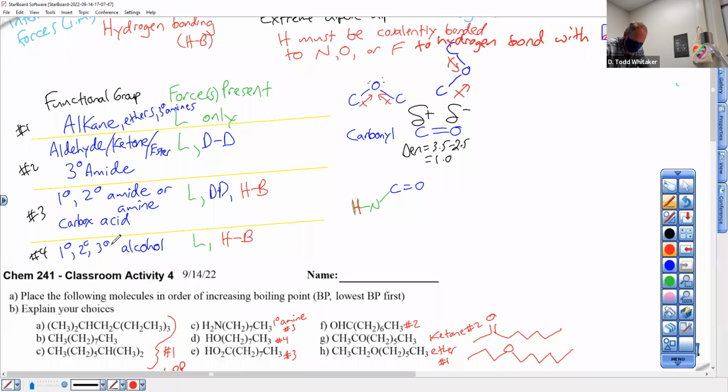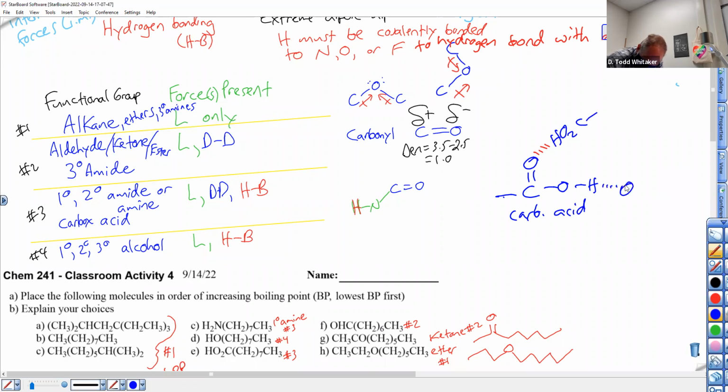I do want to point out that a carboxylic acid, this is a carboxylic acid, is better than an alcohol because it can hydrogen bond to another carboxylic acid this way, and it can hydrogen bond to another carboxylic acid this way, and it can hydrogen bond to another carboxylic acid this way.